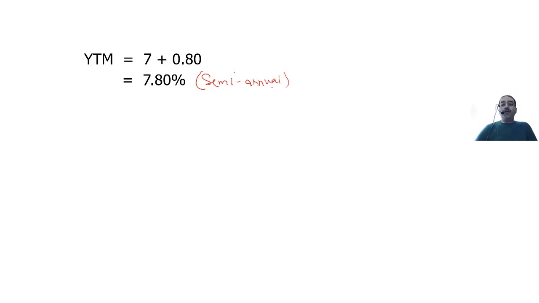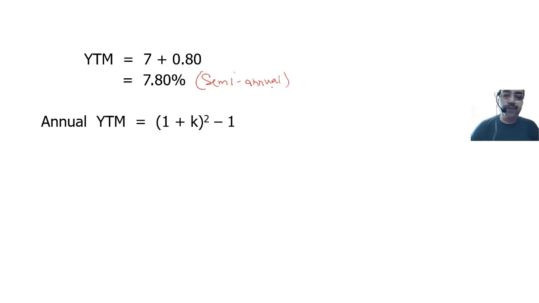How to calculate annual figure? Don't multiply by 2. Wrong. If you multiply by 2, it is wrong. What you have to do? Annual YTM formula is there. 1 plus k the whole raised to 2, minus 1. Why? Because it is semi-annual. Since it is semi-annual, it is compounded twice. So it is raised to 2. If it is quarterly, it will be raised to 4.